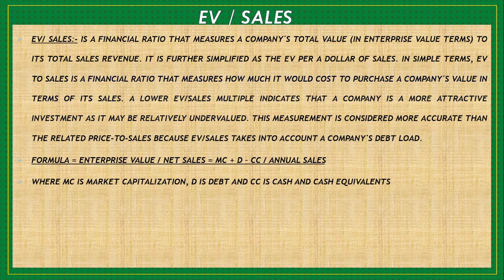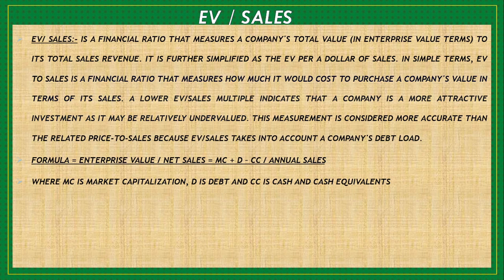A lower EV to sales multiple indicates that a company is a more attractive investment, as it may be relatively undervalued. This measurement is considered more accurate than the related price to sales because EV to sales takes into account a company's debt load.